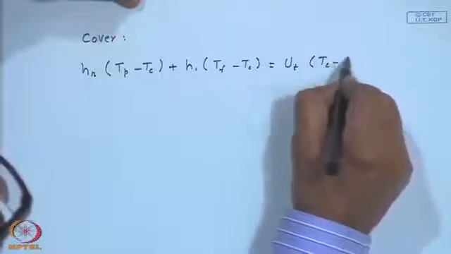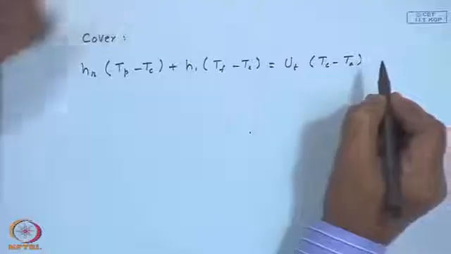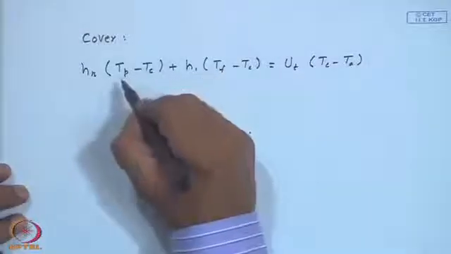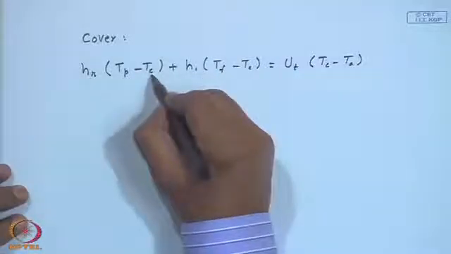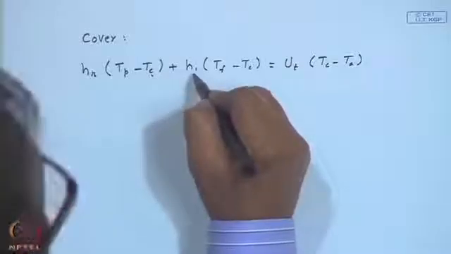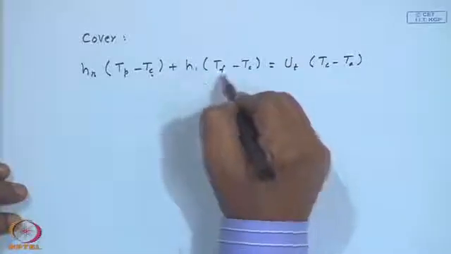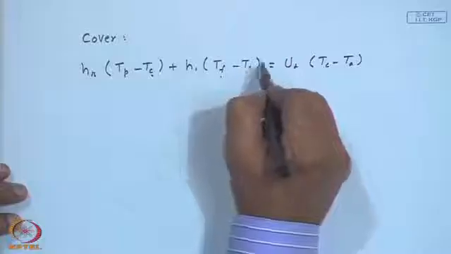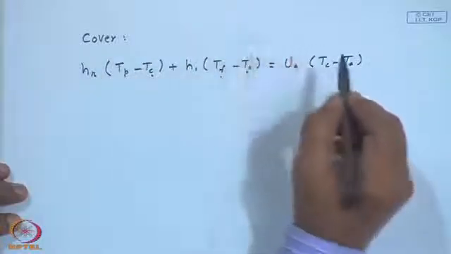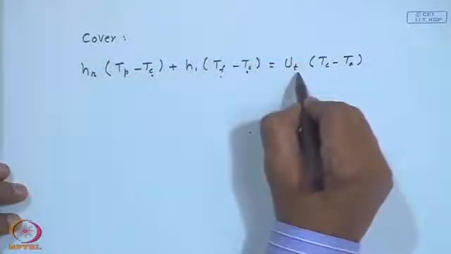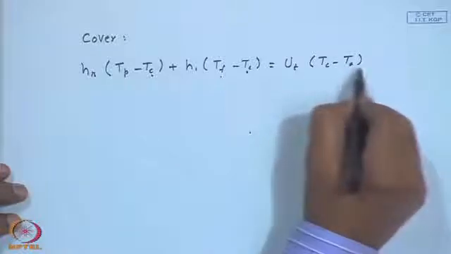So, by radiation it is from the plate to the cover, and by convection from the fluid to the cover, assuming this is what the cover is receiving and it is lost to the environment given by Ut into Tc minus Ta. Then plate, this we will call it an equation A.